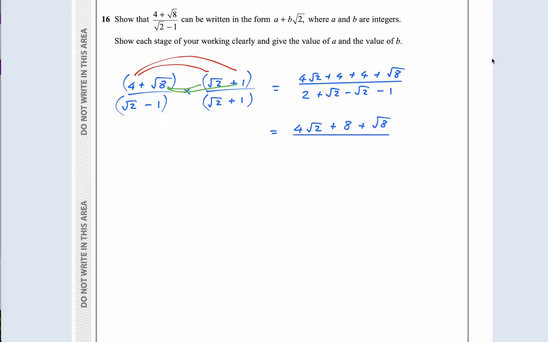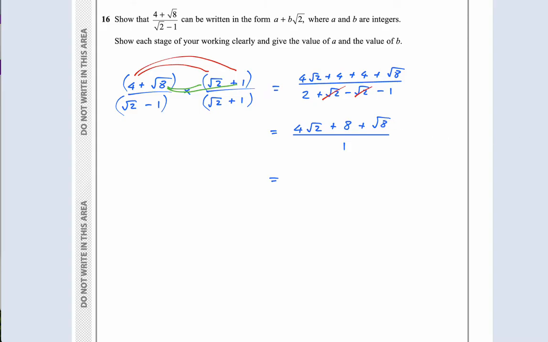These two nicely cancel, guys. Root 2 minus root 2 is 0. That is the whole reason why we multiply by this and this, because they cancel. And 2 minus 1 is even more nicely equal to 1. So we're nearly there. We have 4 root 2 plus 8 plus root 8.